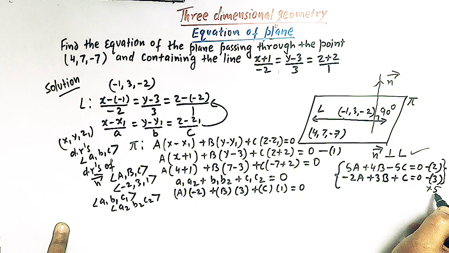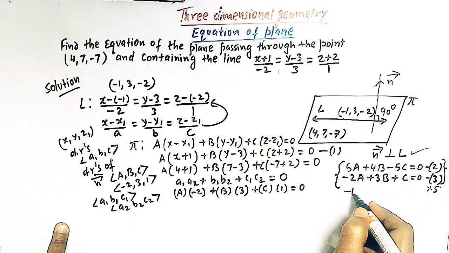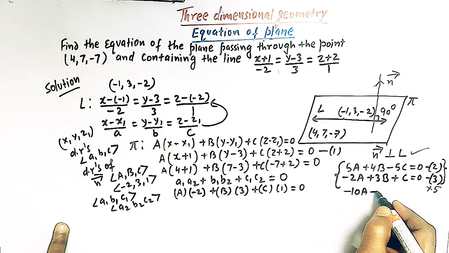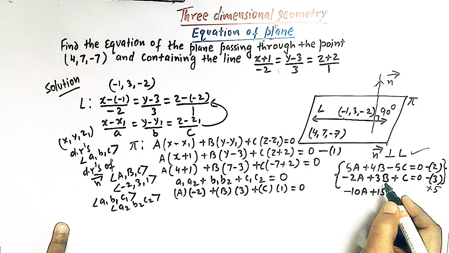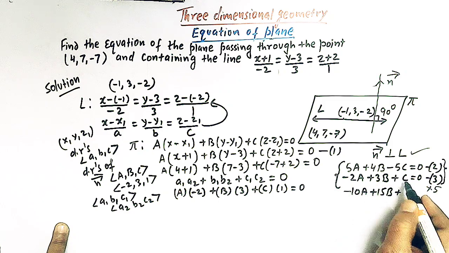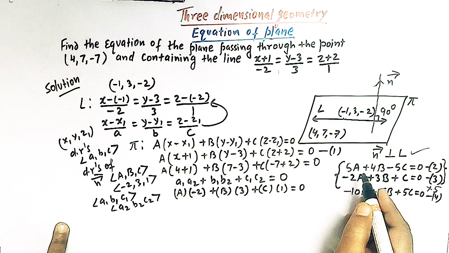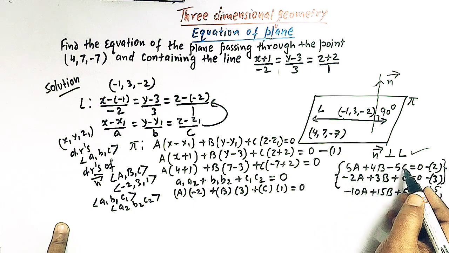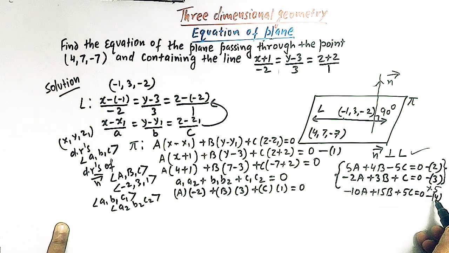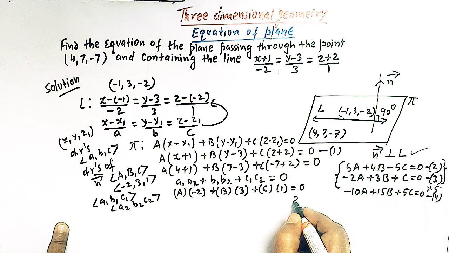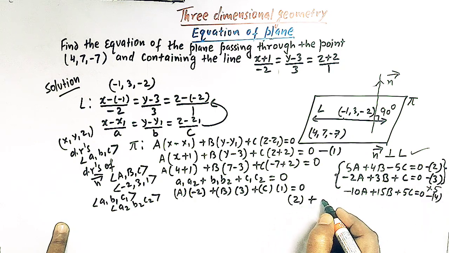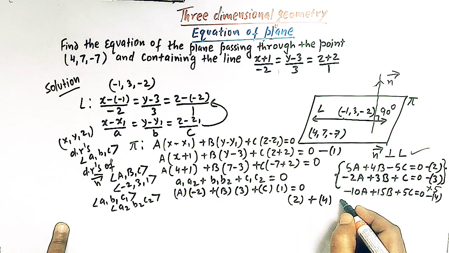So now multiplying equation 3 by 5, here we have minus 10a, then we have 15b, 5 times 3 is 15, and here we have 5c is equal to 0. So now here we have equation number 4. So now we'll eliminate the variable c from equation 2 and equation 4 by adding equation 2 and equation 4, right?